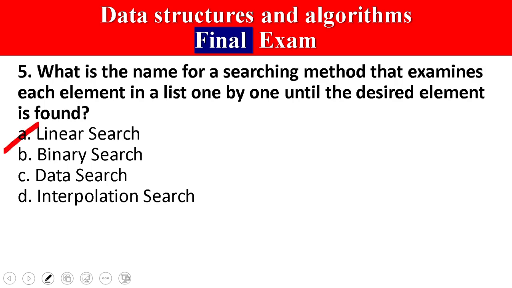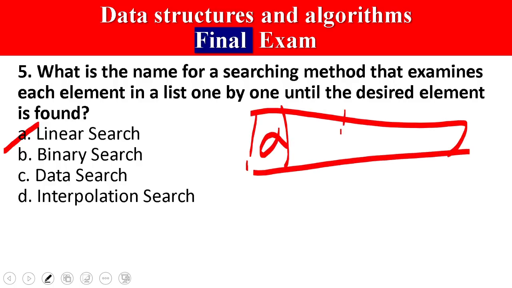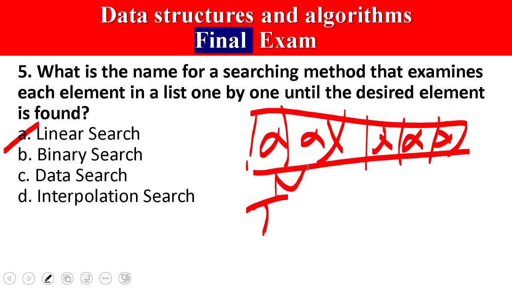In linear search, each element is examined by comparing the target element to the list of elements until getting the target from the list.